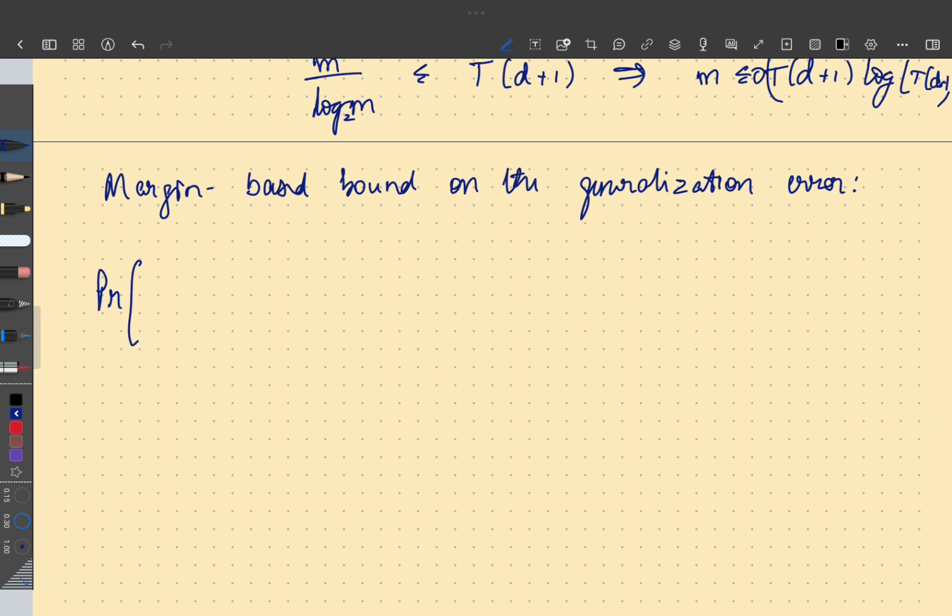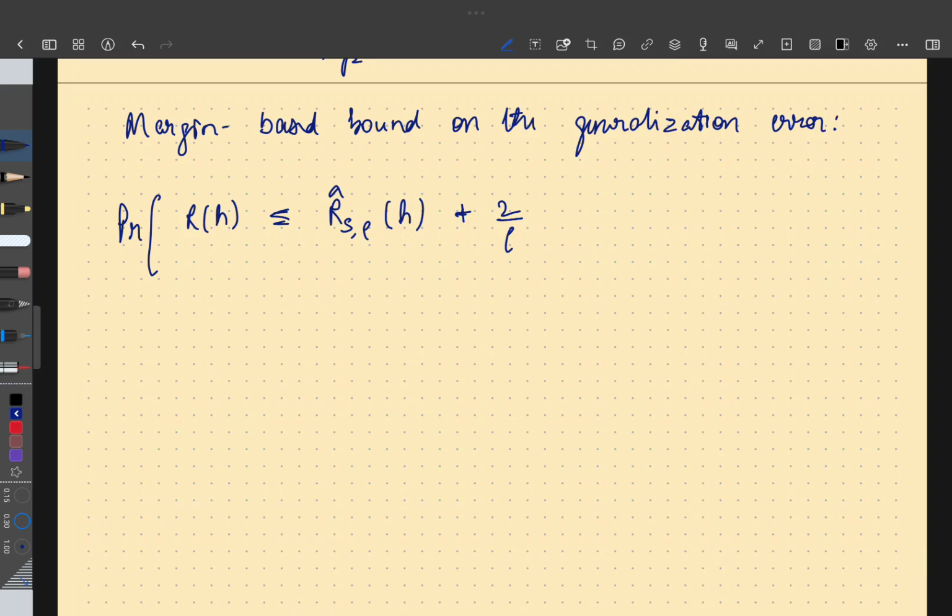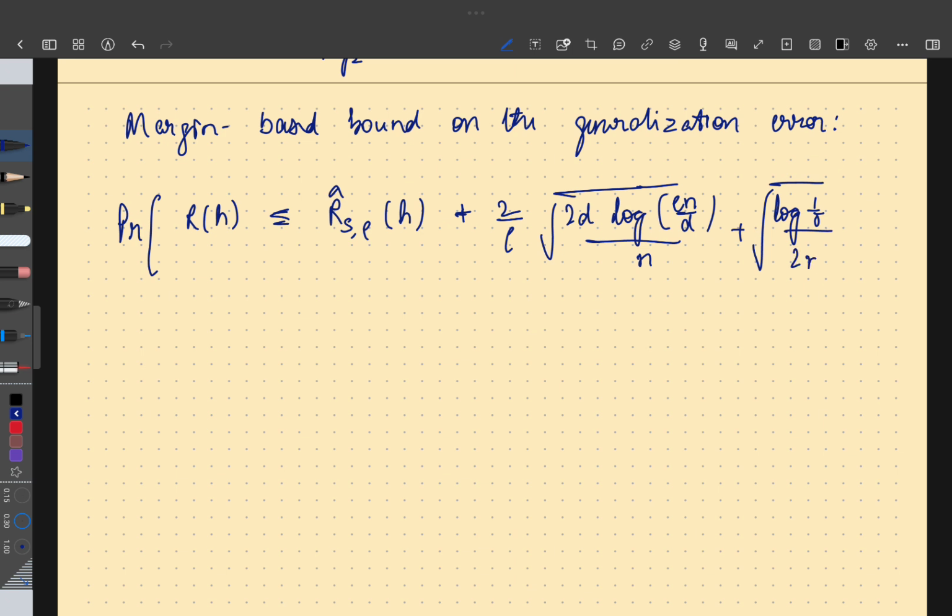You can show that the probability that R of h, the generalization error, is less than or equal to R hat s comma rho of h, I'll define what this quantity R hat s rho of h is, plus 2 by rho, where rho is some parameter greater than 0, and this bound holds true for every parameter rho, as we'll see, times root 2d log en by d, whole divided by n, plus square root log 1 over delta by 2n.